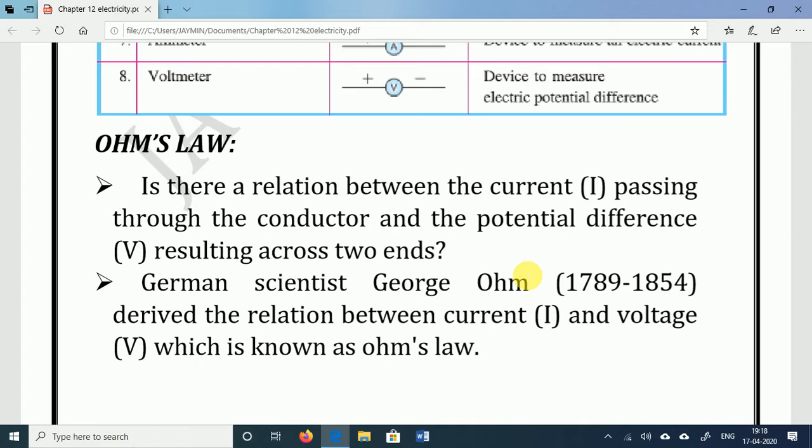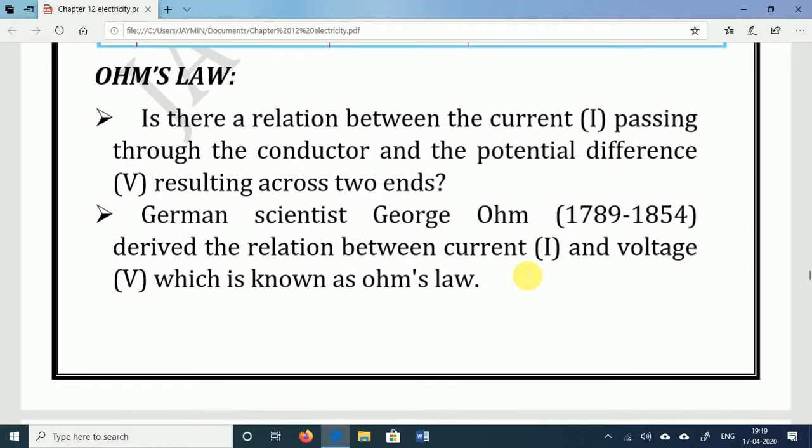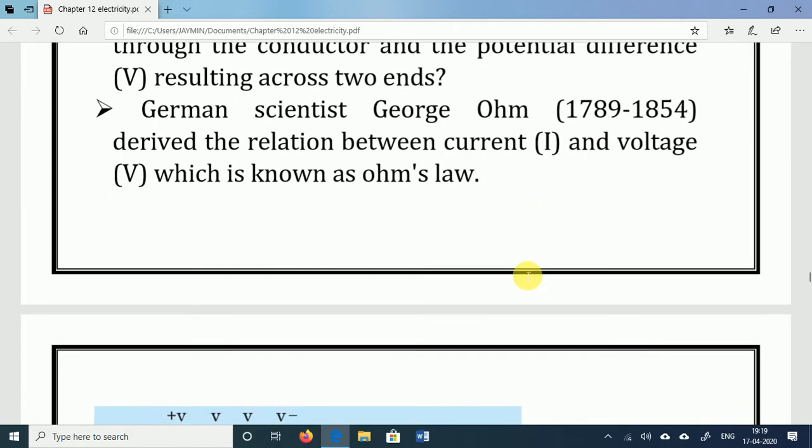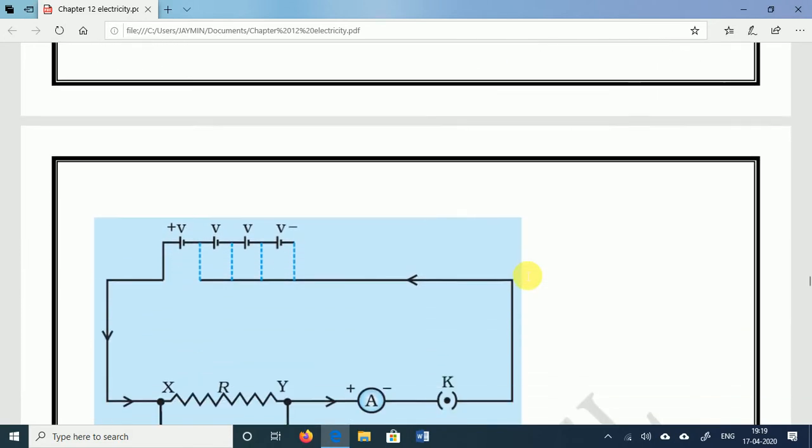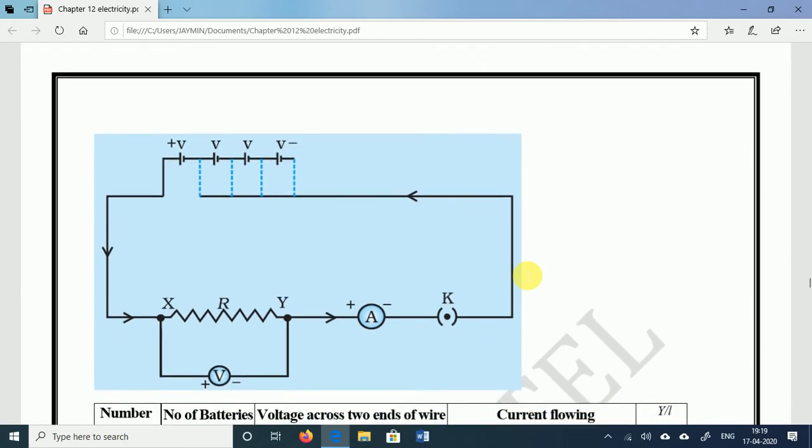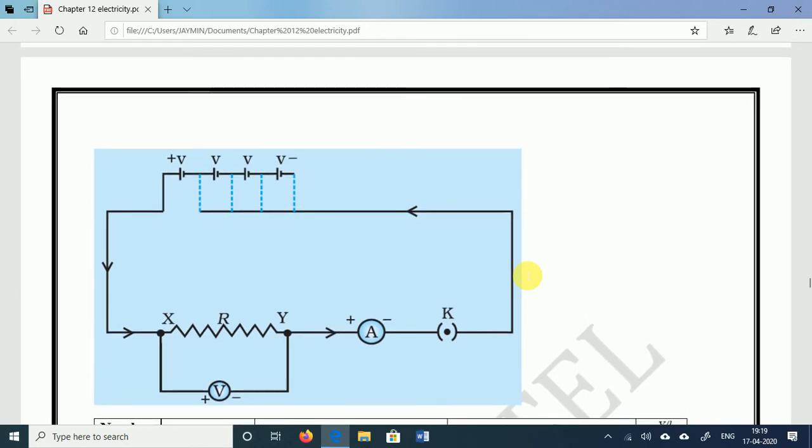That relation was established by Ohm, a German scientist. He derived the relationship between current and voltage. To derive the relationship, he performed one experiment. Here is a closed circuit.